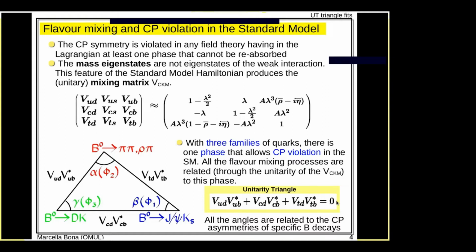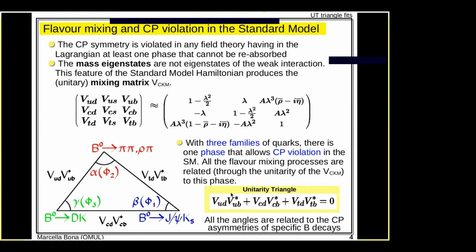You also have expressions that give 1, because of the unitarity definition. Now, if you take one of these in particular, the one that is connecting the down type quarks of the first family and of the third family, then we have what we call the unitary triangle expression, which is this one.